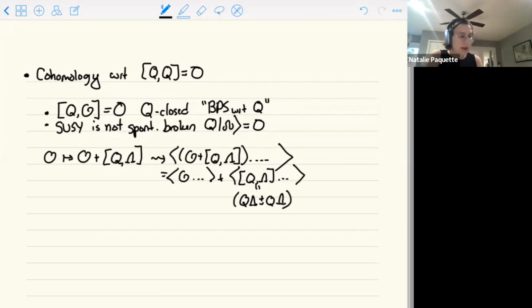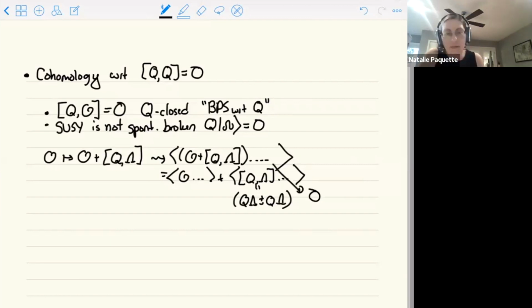But now, because I'm in a correlation function with only Q-closed operators, I can commute or anti-commute Q past everything else and have it hit the vacuum on both sides. I can commute Q past any Q-closed operators without picking up any extra terms. Q will act on the vacuum on the left and the right, and by assumption, since SUSY is not broken, it will annihilate the vacuum. And so the second term is just going to be 0 immediately.